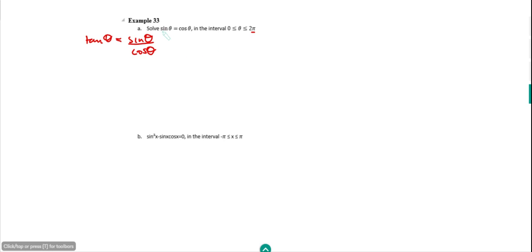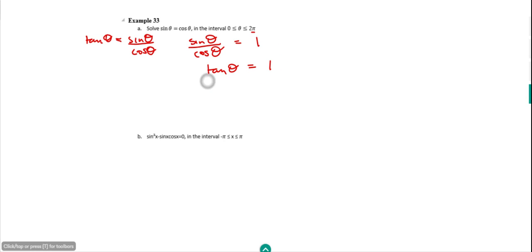So we can divide both sides of this equation by cos theta, and we get that sine theta over cos theta is equal to 1, and since sine over cos is equal to tan, we've got tan theta equals 1, and that's the equation we then want to solve.